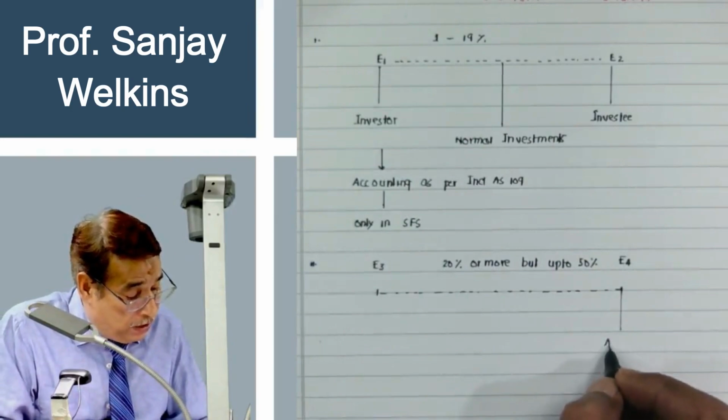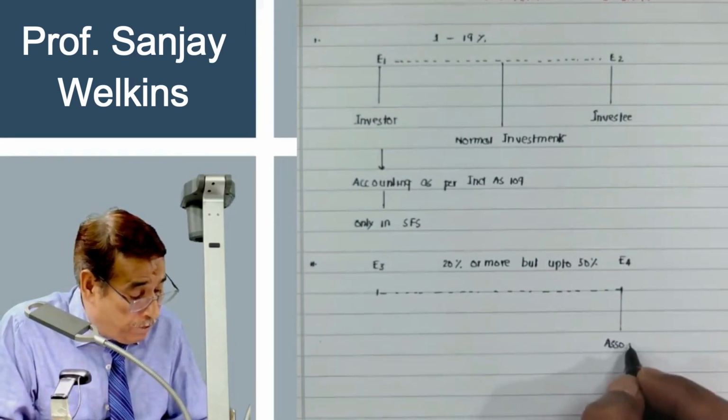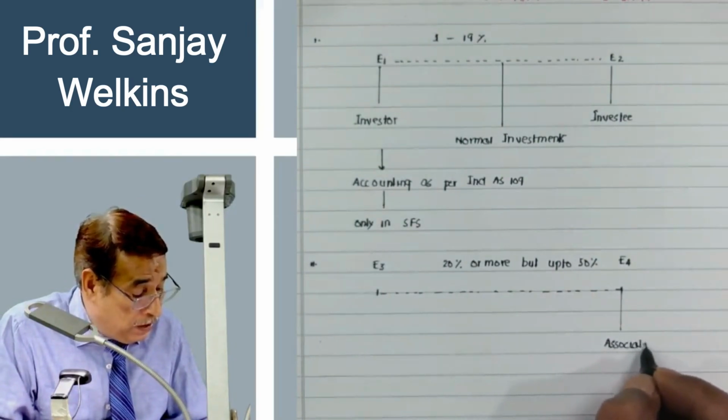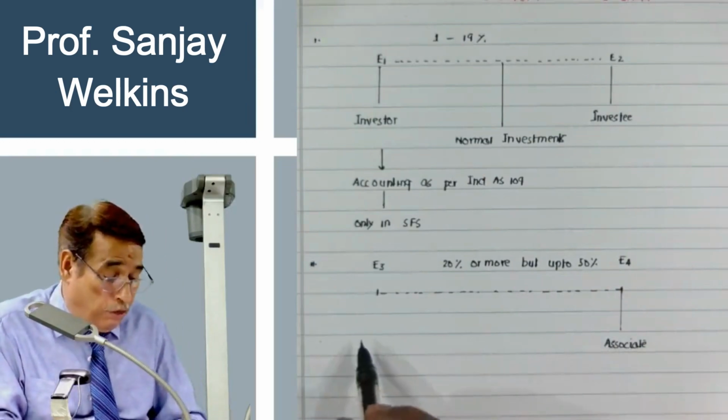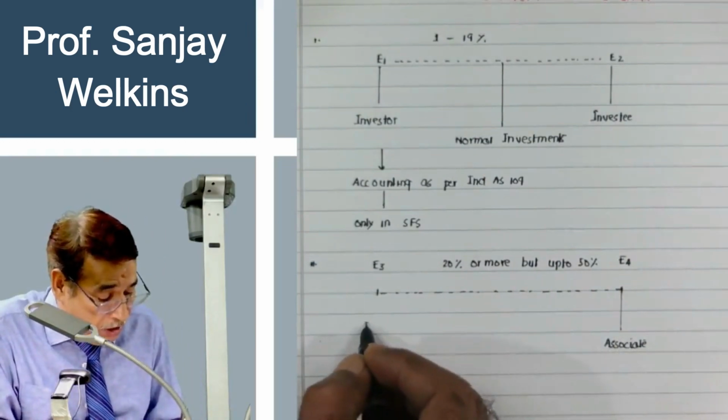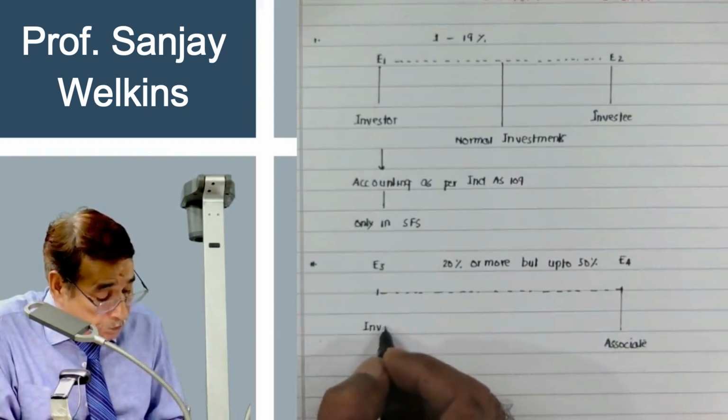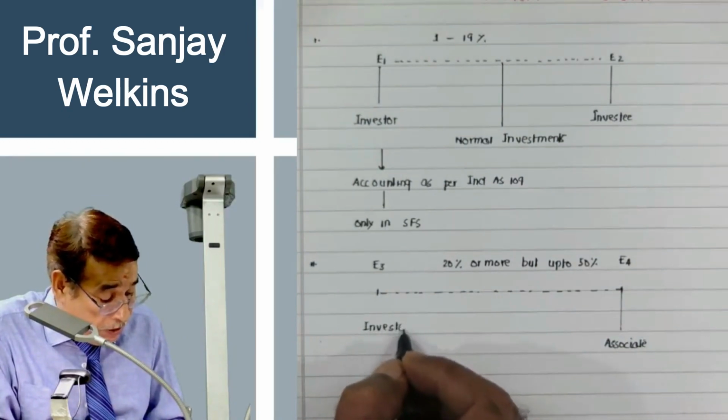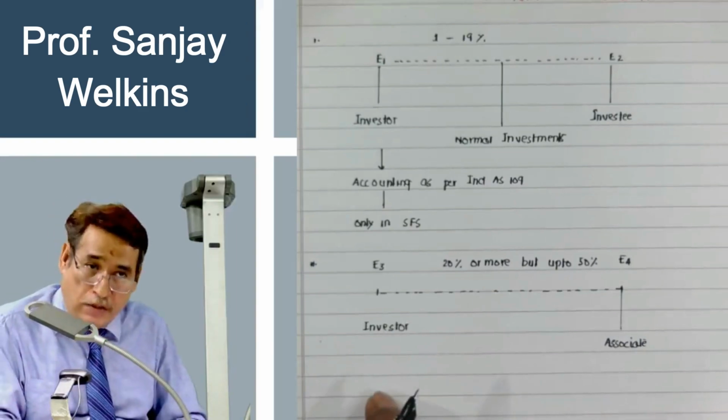E4 will be considered as an associate company of this investor. This time E3 is the investor company and E4, the investee company, will be considered as your associate.